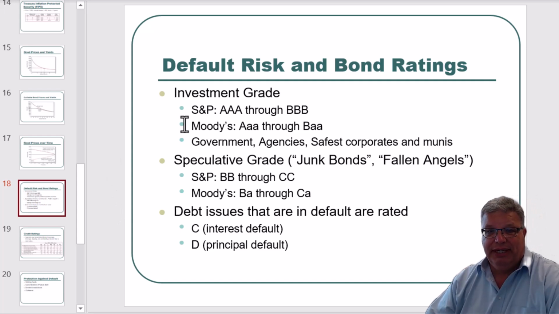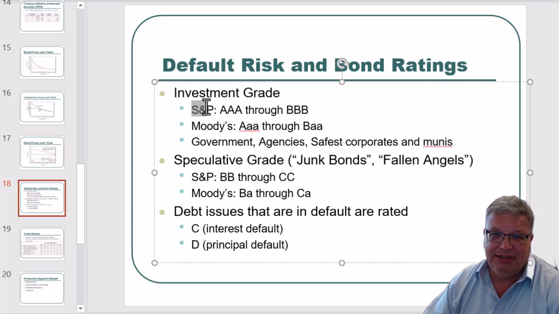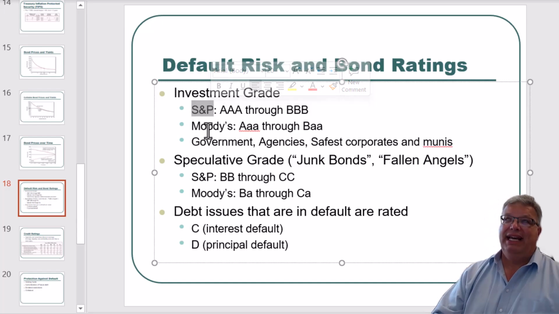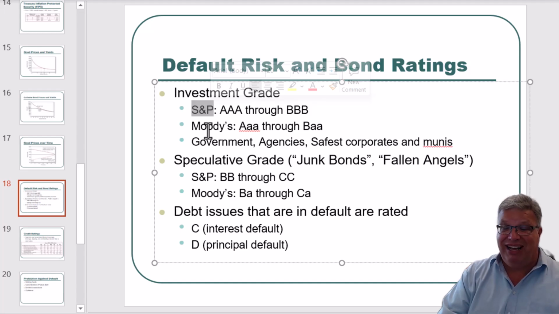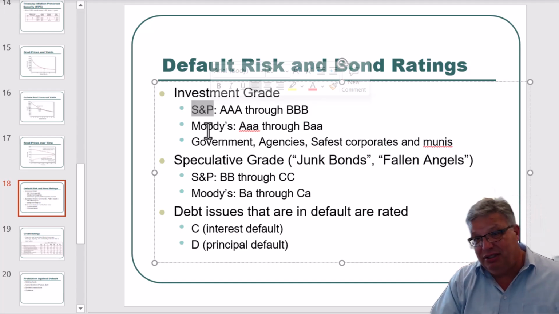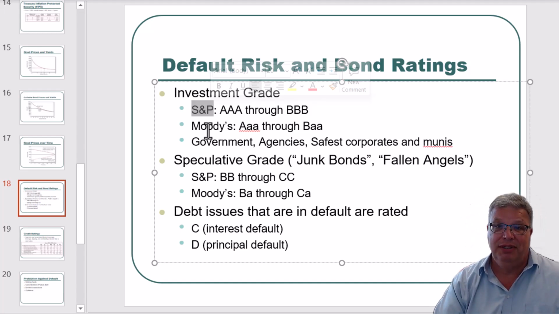If we just look at the S&P system, because each of these companies, S&P, Moody's, they have a rating, kind of like you and I. We have a credit rating or credit score with the companies. Bonds and the companies that issue those bonds also have credit scores, but we call them credit ratings, and they're done by companies like S&P and Moody's.